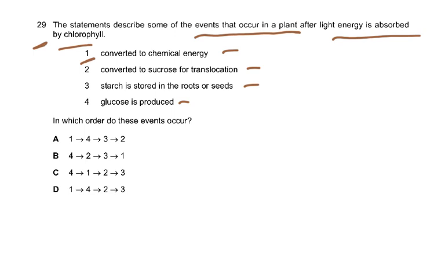So 1, then glucose is produced 4, then converted to sucrose for translocation, and then starch is stored in the roots or seeds. So that is why the answer is D. Very simple. After quite some time, all that starch will be stored in the roots and the seeds.